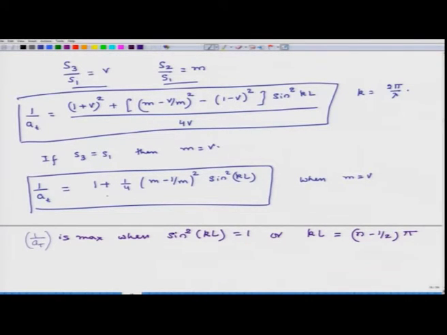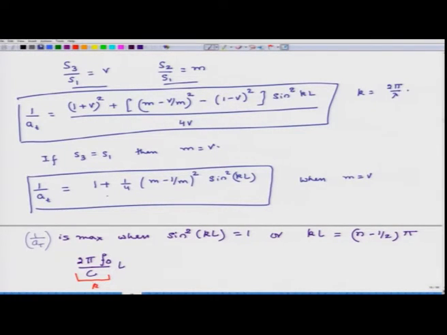So, we know that k is the wave number. If I express k in terms of frequency and speed of sound, then I can say that k is 2 pi f naught over c, times L. So, this entire thing is the wave number.